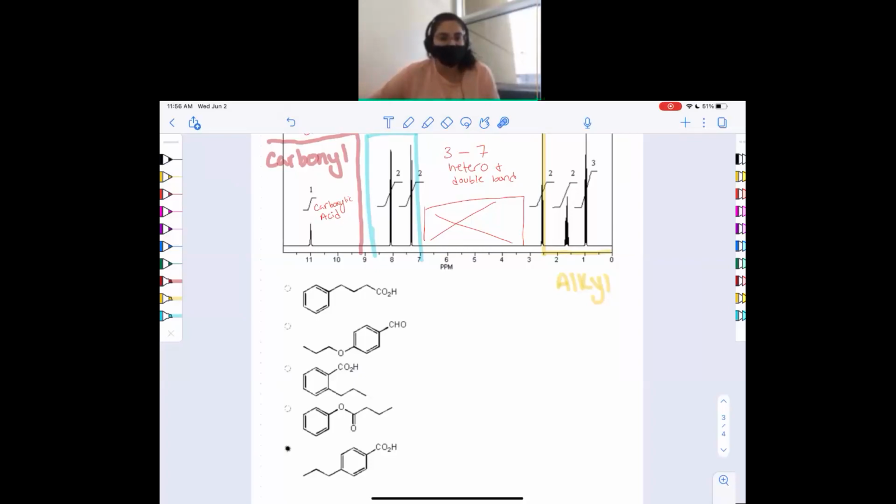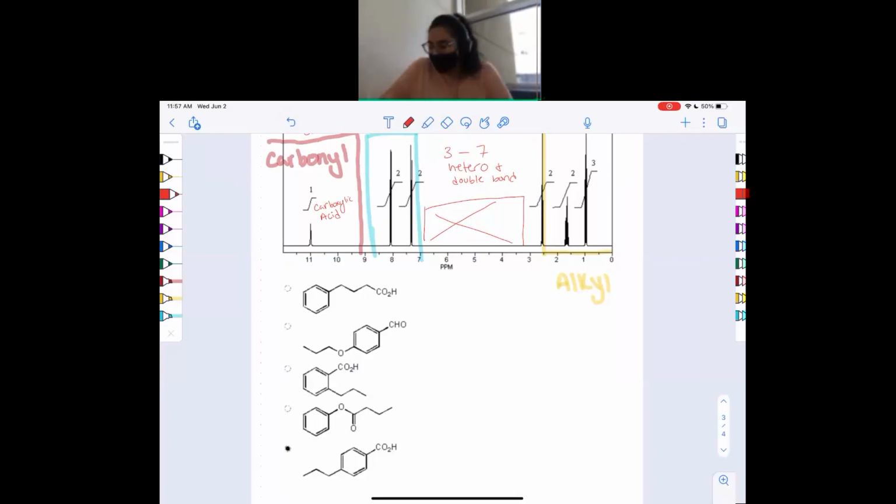All of these answer choices have double bonds and they have oxygens. Because the heteroatom region is something without hydrogen or carbon connected to it. Basically we don't have that particular arrangement in the molecule.